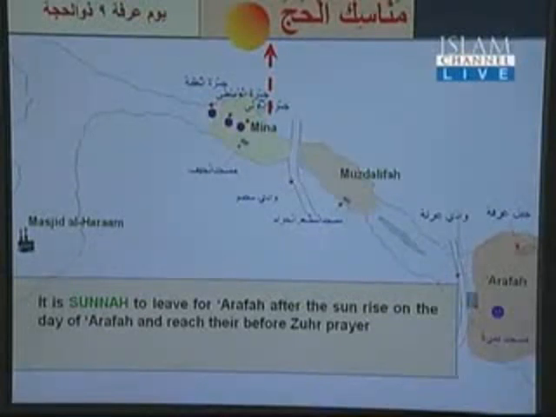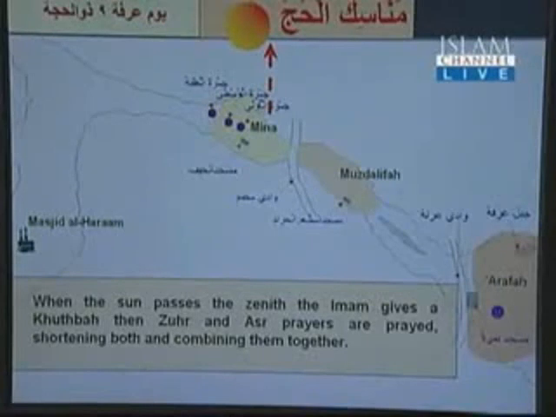When the Zawal occurs, Rasulullah sallallahu alaihi wasallam went to Masjid Namira. He waited there. When the Zawal occurred, he gave a khutbah, and then he prayed Dhuhr and Asr, shortening the prayer and combining them together. There is slight variation in the reports about how he did this.